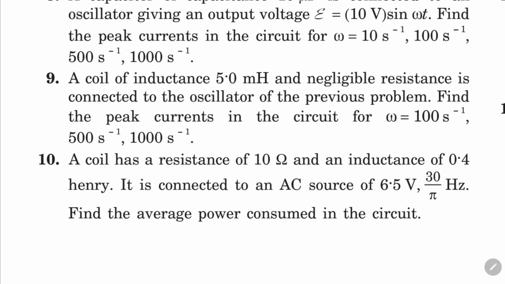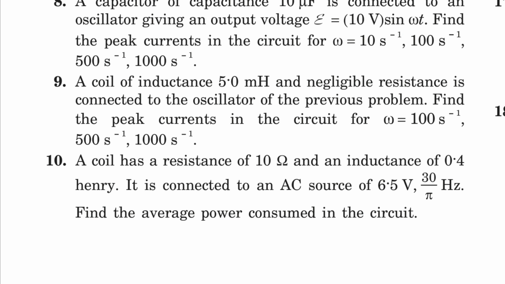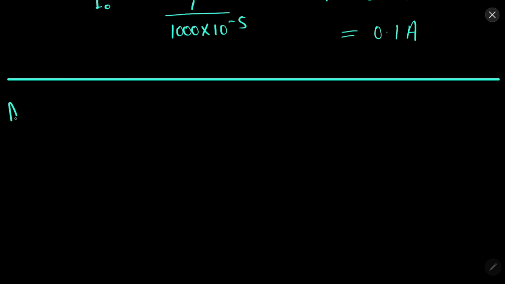In question 9, we have a coil of inductance 5 millihenry and negligible resistance connected to the oscillator of the previous problem. We need to find peak currents in the circuit for various omega. So this is the ninth one. L is 5 millihenry, that is 5 into 10 to the power minus 3 Henry.